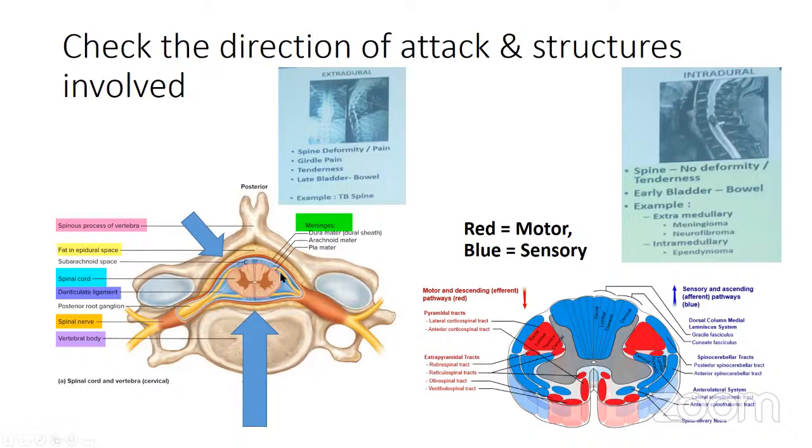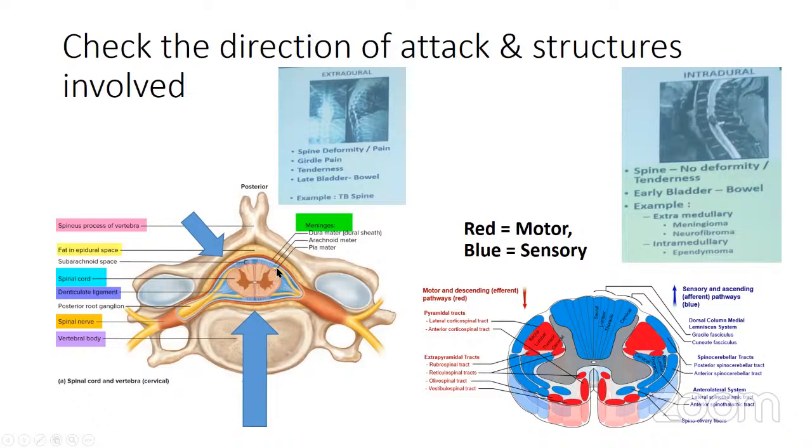But if the lesion comes from the outside, or involves the root, that is intradural extramedullary, that means it involves the root. In that case, that is the radicular pain. Whereas intramedullary gives diffuse pain. So that is how we can differentiate.